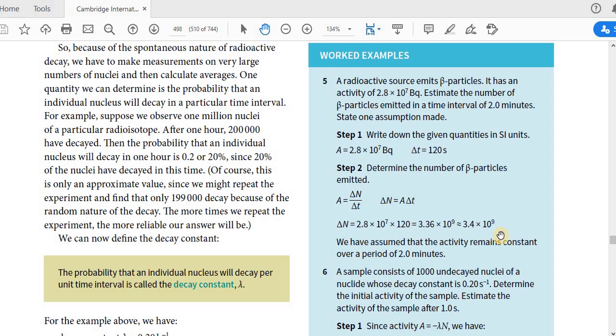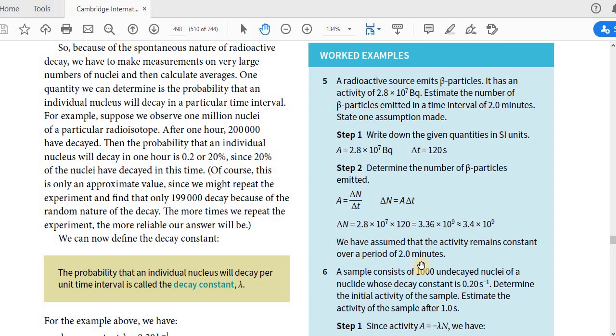You will get the answer 3.4 × 10^9. Now this doesn't have a unit because it's the number of nuclei. So we have assumed that the activity remains constant over a period of 2.0 minutes.